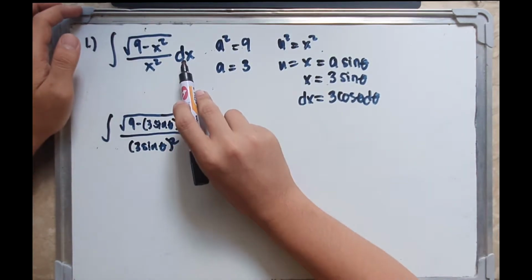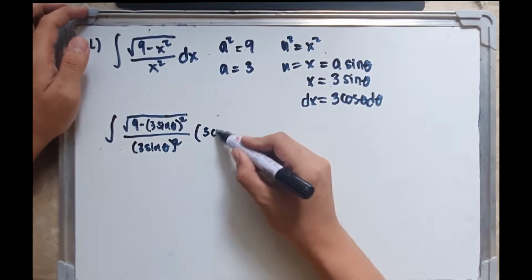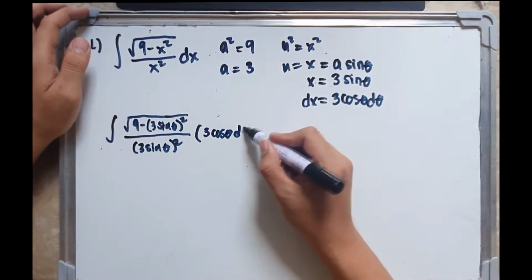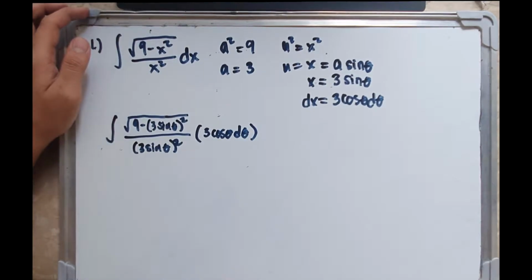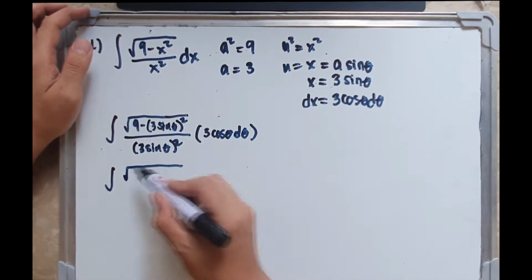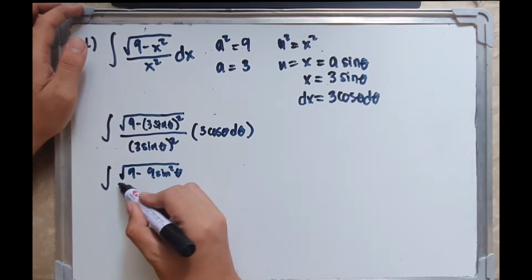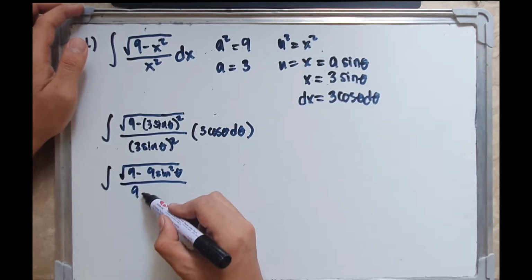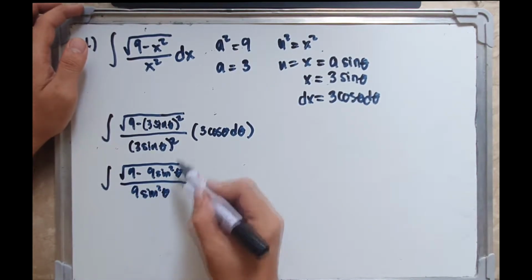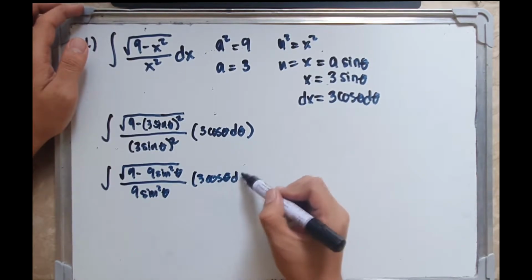And our dx is 3 cosine theta d theta. Now let's try to evaluate this one. We now have the square root of 9 minus 9 sine squared theta over 9 sine squared theta, times 3 cosine theta d theta.